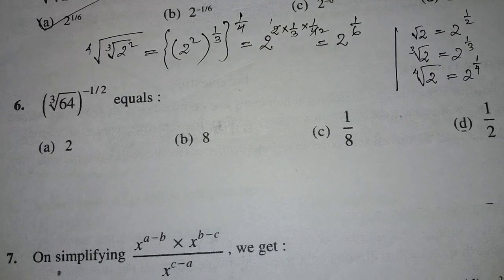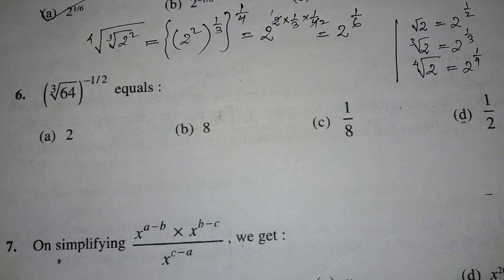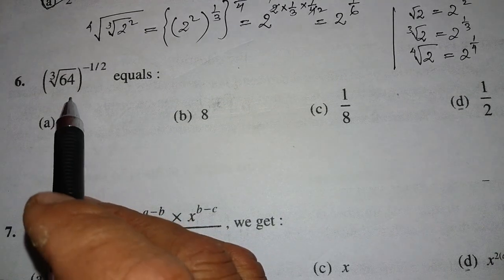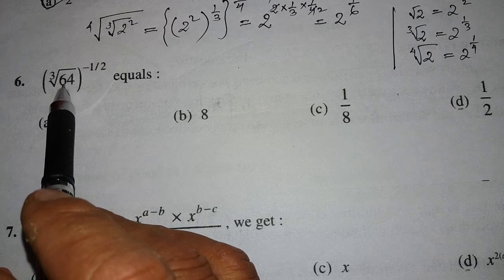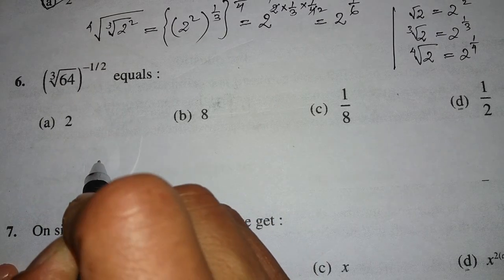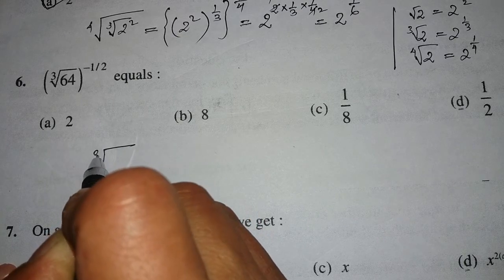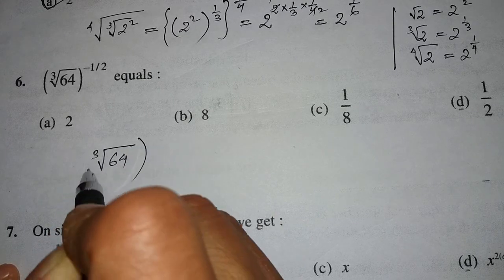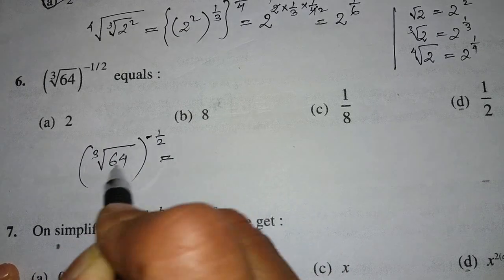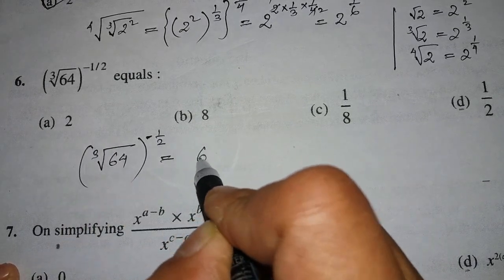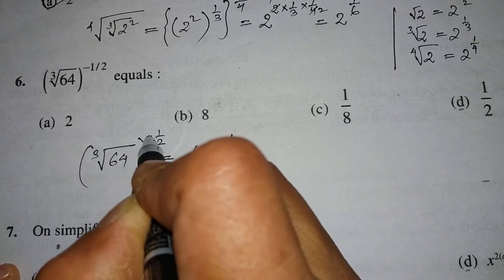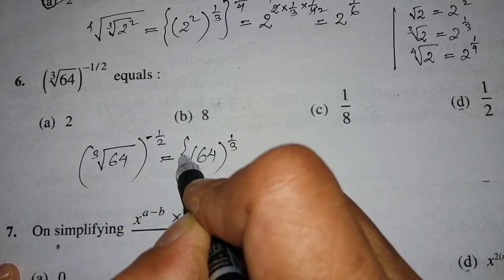Now question number 6. The cube root of 64 raised to the power minus 1 by 2. Like I said, the cube root is power 1 by 3, and we have another power of minus 1 by 2 here.